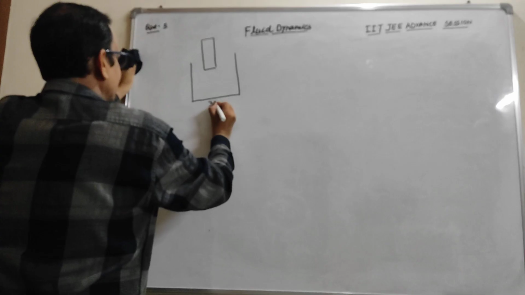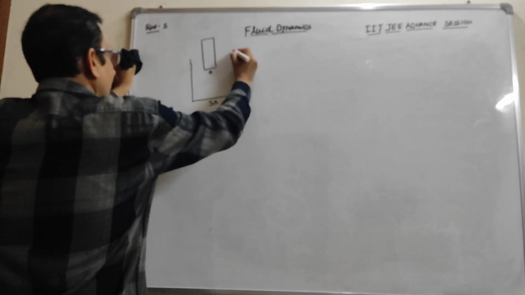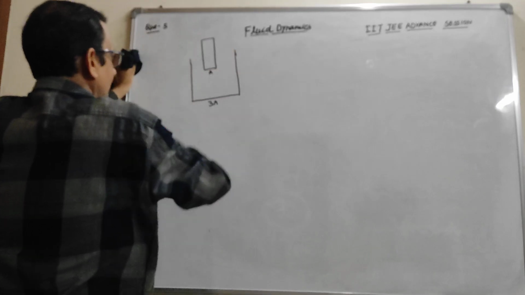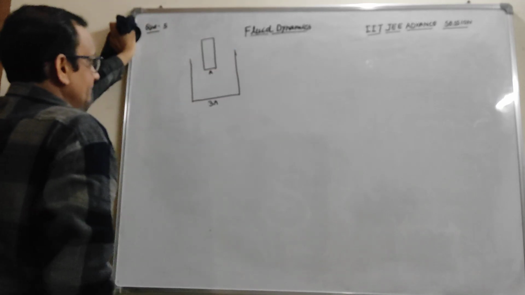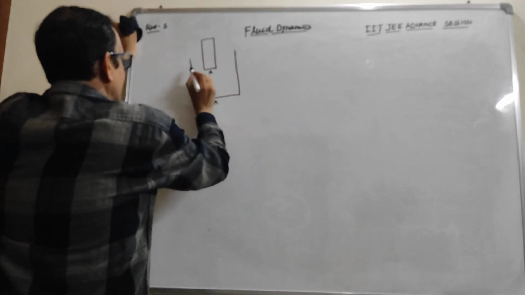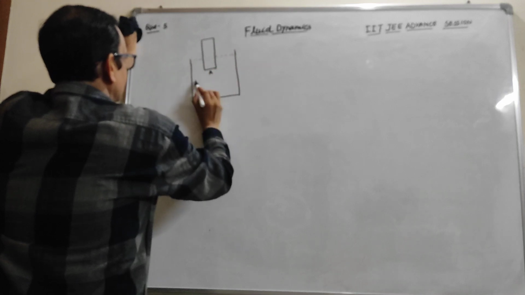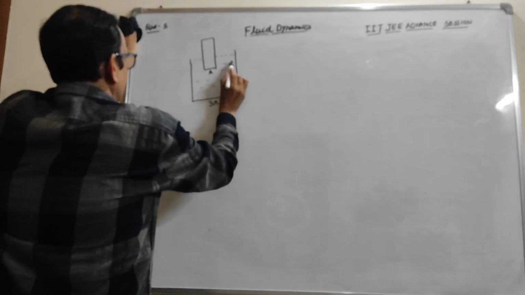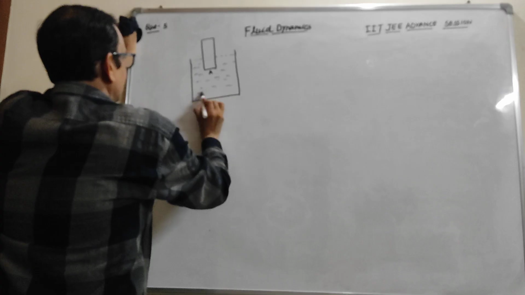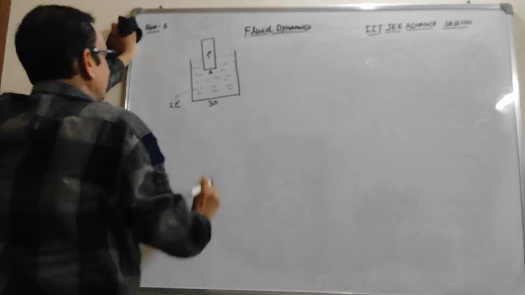The container has area 3A, the block has area A. The density of the liquid is 2 rho and the density of the block is rho.